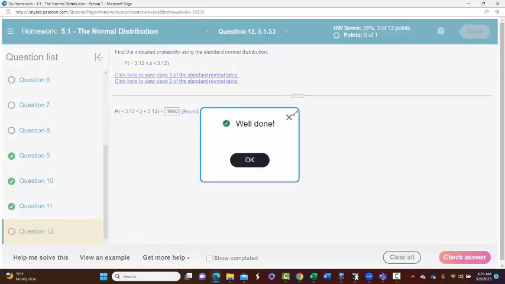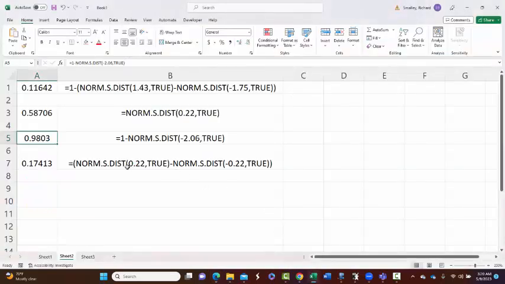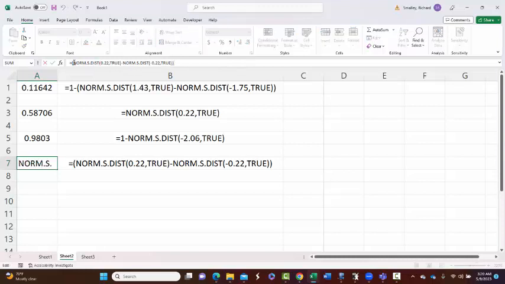Got it? In Excel, it's the upper number minus the lower number. Now, the outer set of parentheses aren't needed here. What happened was I'd copied this down here and got rid of the 1 minus and left them. So whether the parentheses are there or not, I'll show you. I'll get rid of the parentheses, but I promise you that would have been right if they stayed there or not.